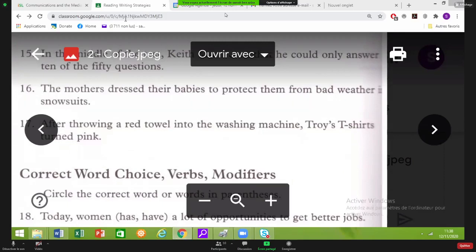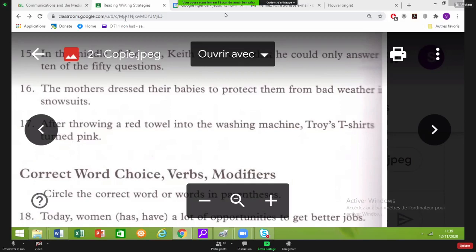Next, number 17. After knowing the red towel and the washing machine, Troy's t-shirt turned pink. Okay, so how can you fix this one? After throwing the red towel into the washing machine, Troy found his t-shirt turned pink. What did you correct here? After?